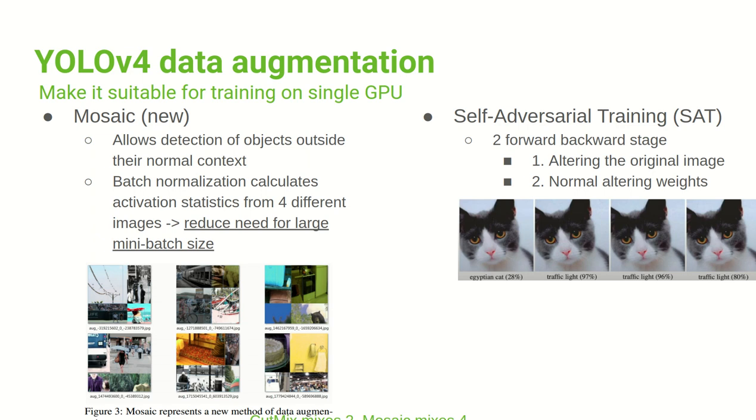So what YOLOv4 is doing here with the self-adversarial training is to take the minimal perturbation but still use the original class label and bounding box to tell the network, hey, it's still a cat, there's no traffic light. This is quite intuitive for humans, but for a neural network, this is commonly a problem that suffers from adversarial attack. So they're trying to apply this self-adversarial training during training time to create an adversarial attack already, to have a more robust network in the end.